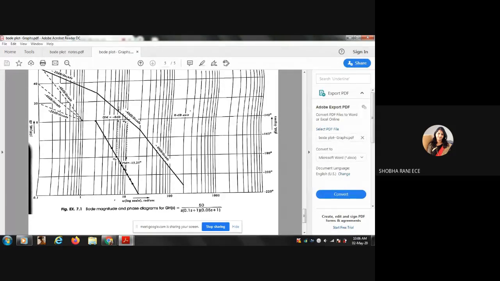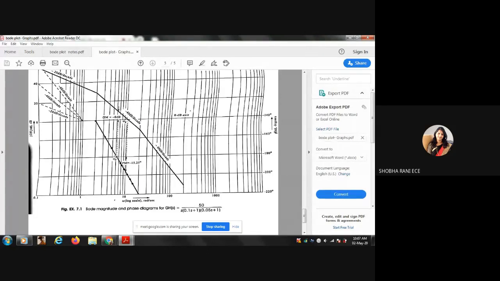Now, after you have found omega g and omega p, next, you have got this point omega g. From that point, just come straight down and see where this dotted line will intersect the phase plot.